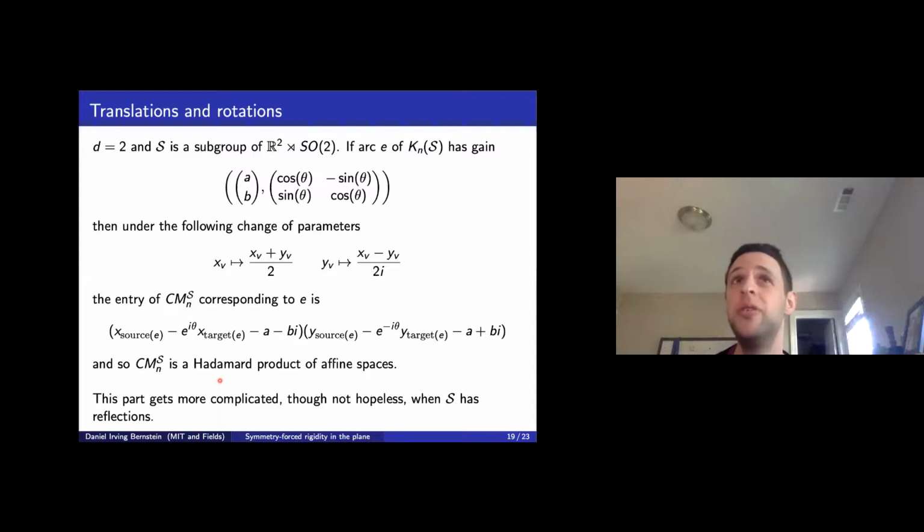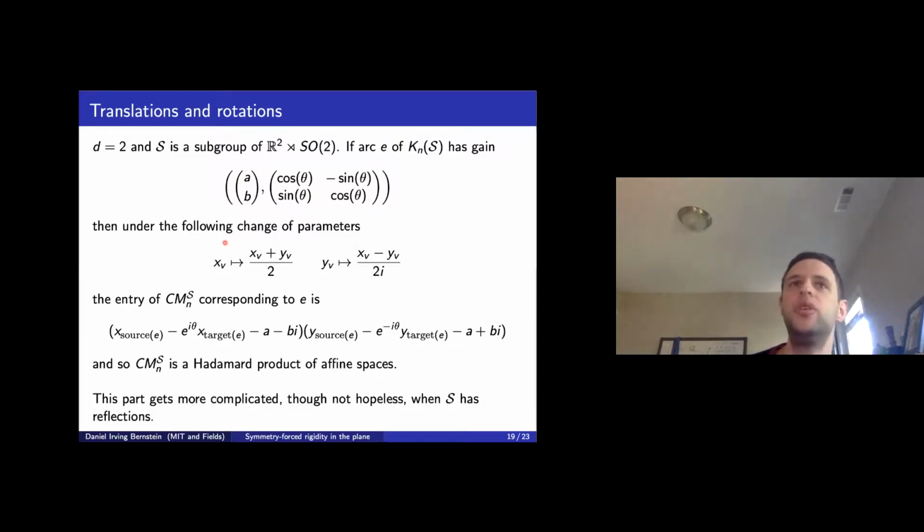It turns out that when the group that I'm interested in is orientation preserving, in other words, everything is just rotations and translations, then the elements of this group have a translation and then a rotation.